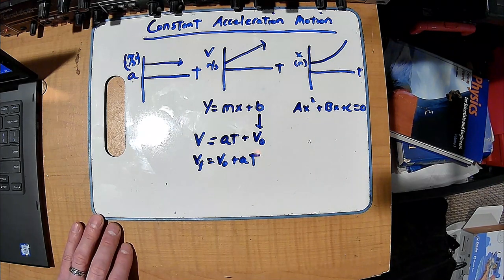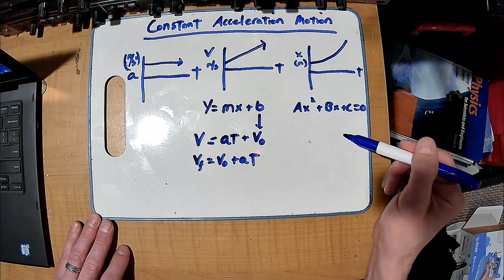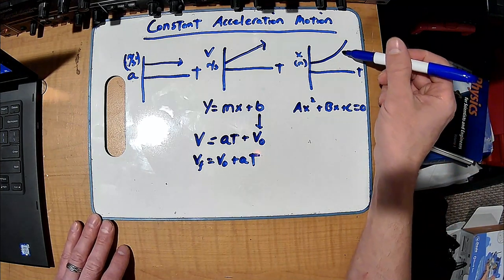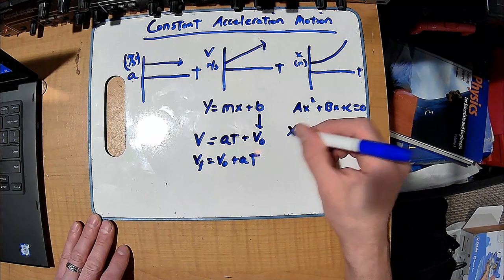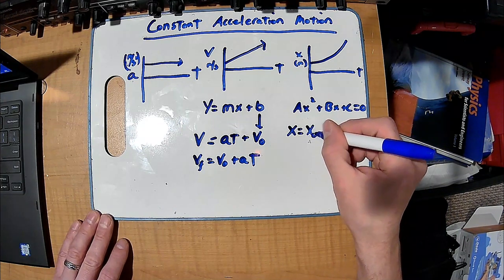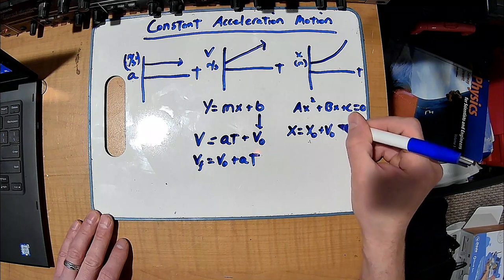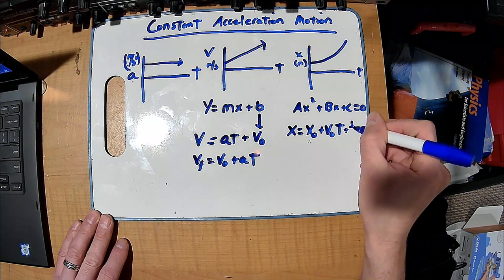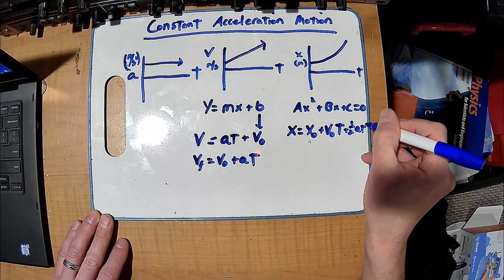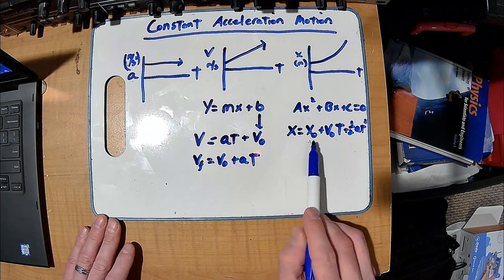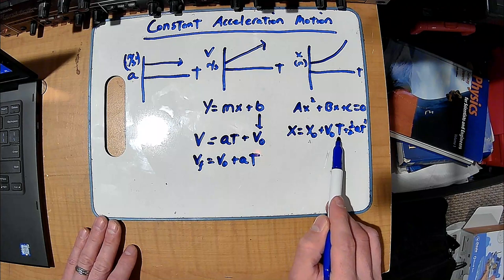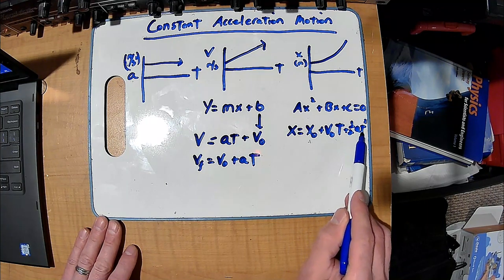And it turns out that the specific equation that fits this scenario looks like this. I'm going to try to squeeze it in here. x equals x naught plus v naught t plus 1/2 at squared.